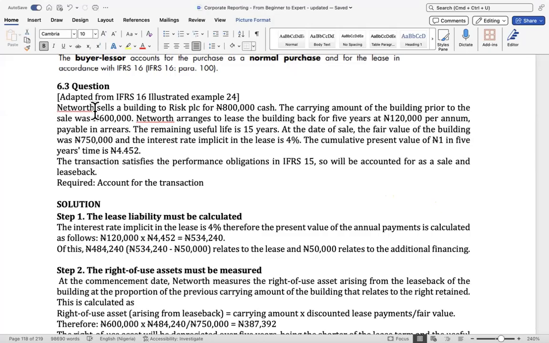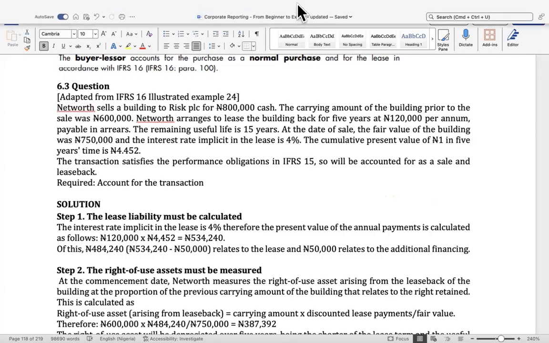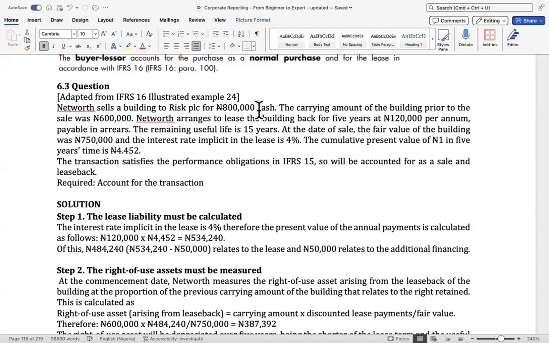Okay, so Networth sells a building to Risk PLC for 800,000 cash. The carrying amount of the building held to sale was 600,000. Networth arranges to lease the building back for 5 years at 120,000 per annum payable in arrears.